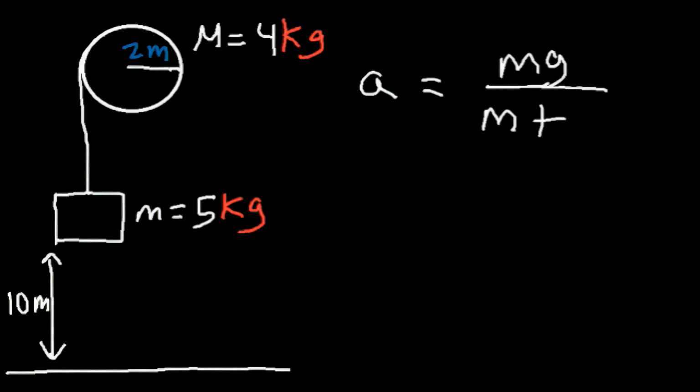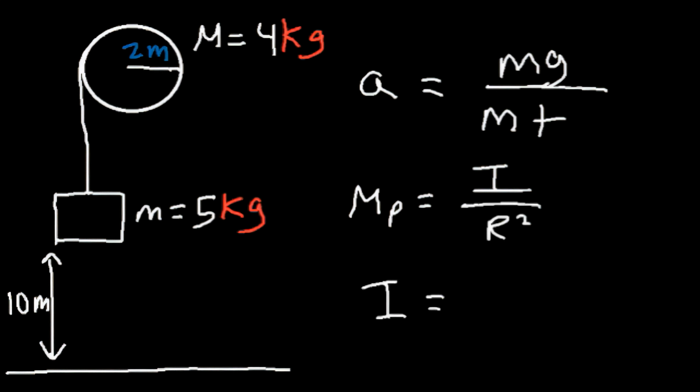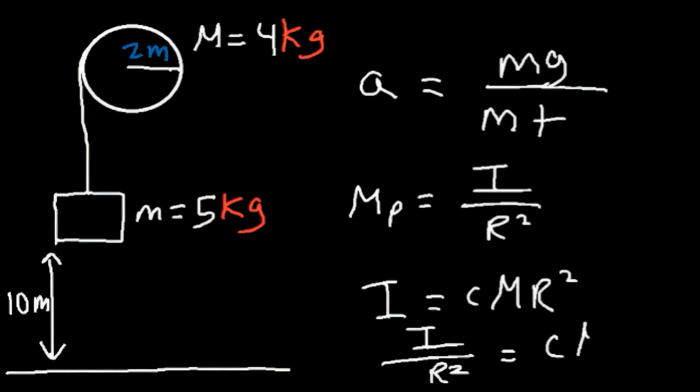The inertial mass of the pulley is really I divided by r squared. The general equation for inertia is mr squared times some constant c. So I over r squared is really equal to the constant times the mass. And so this inertial mass is the constant c times m.